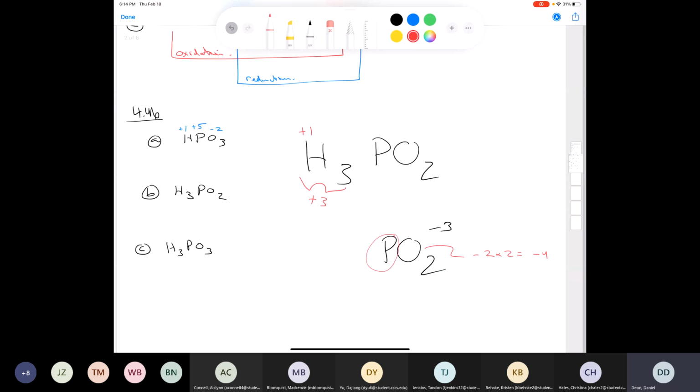Now for my phosphorus, something plus -4 is going to equal -3. So x is equal to +1. That tells me that my phosphorus is +1, oxygen is -2, and hydrogen is +1.